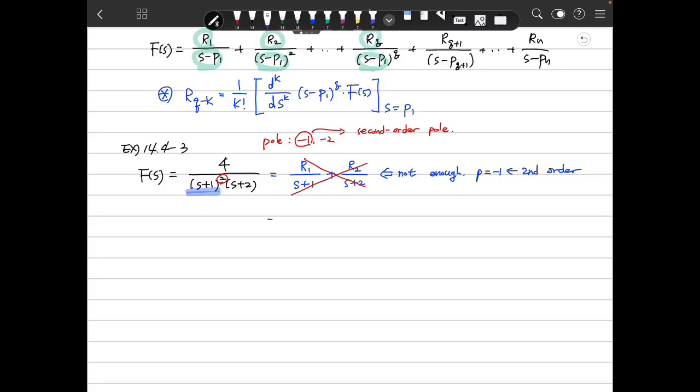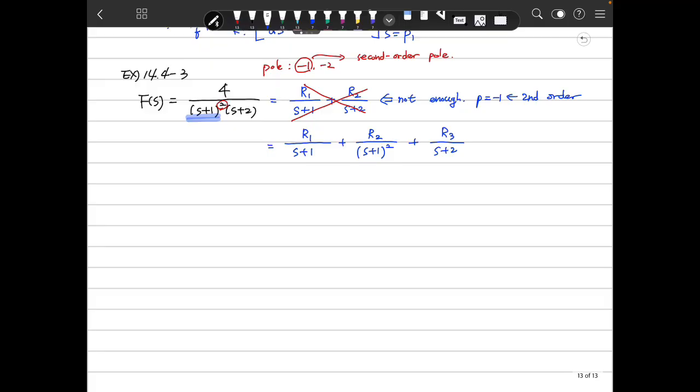What should we do? We should write R1 over (s plus 1), plus R2 over (s plus 1) squared, and R3 over (s plus 2), because we need two parameters R1 and R2 for the second-order pole at minus 1. So we need to find R1, R2, R3 respectively.